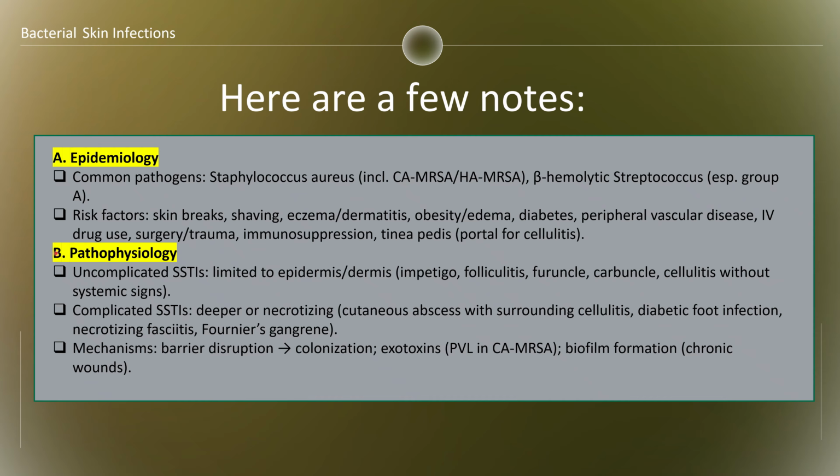Uncomplicated is limited to the dermis, like impetigo, folliculitis, furuncle, carbuncle. And complicated skin infection is deeper or necrotizing. It's a cutaneous abscess with surrounding cellulitis, diabetic foot infection, necrotizing fasciitis.